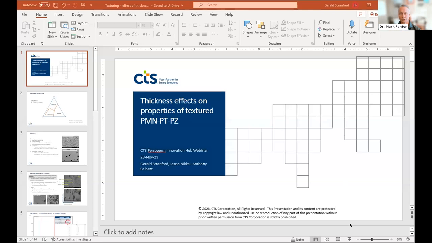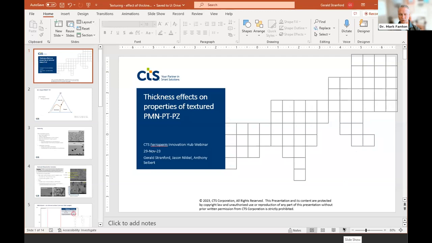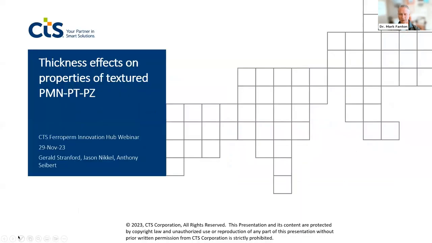There's a question about what types of template materials are used, and if it's only barium titanate. So it is not only barium titanate. There have been a range of template materials explored, primarily perovskite type materials. So barium titanate, strontium titanate, lead titanate.